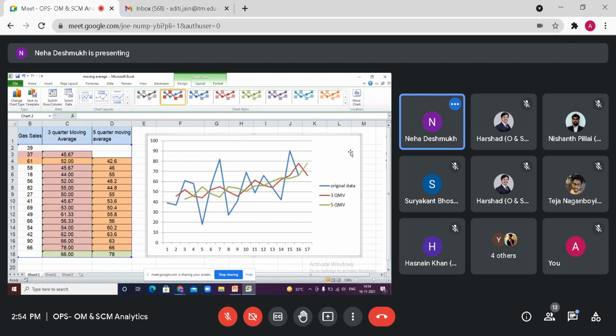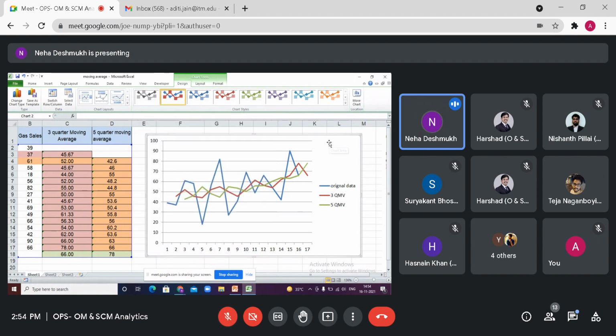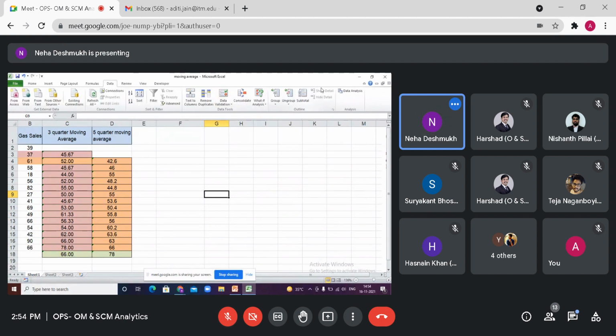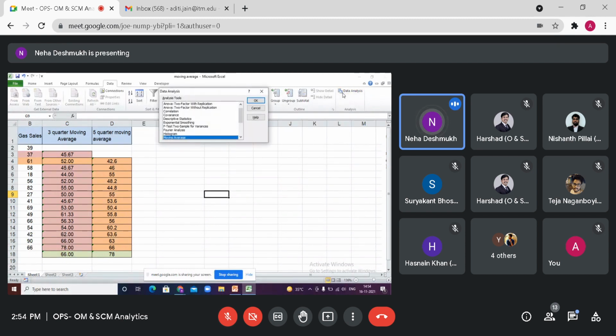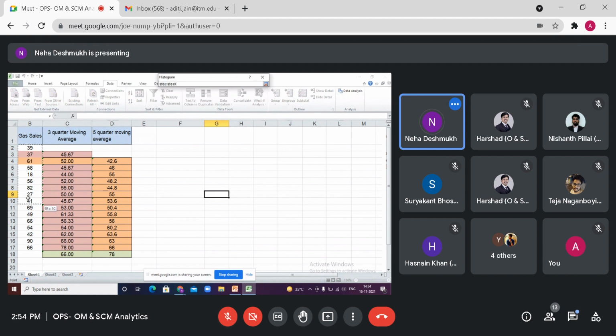Yes, class. Yes, ma'am. You can create this chart with the data analysis tool also. Data analysis, histogram, okay, input range.